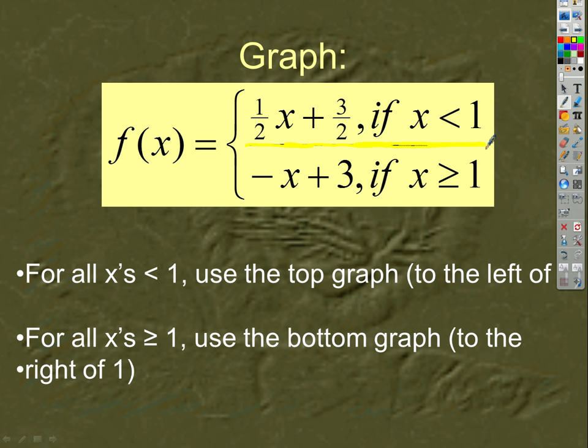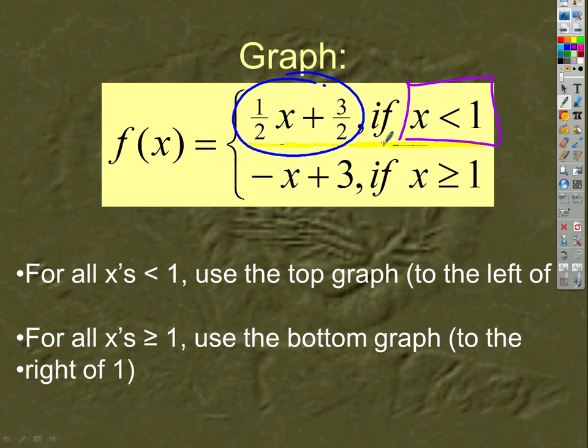So each row, if you look at this, it's really important to see the structure of a piecewise function. Each piece of the piecewise function has two parts. There's going to be the equation part that tells you what the graph looks like. So that's just a line, isn't it? mx plus b, 1/2 x plus 3/2. And then next to that, there's going to be the domain part, which tells you where that piece of the function is switched on.